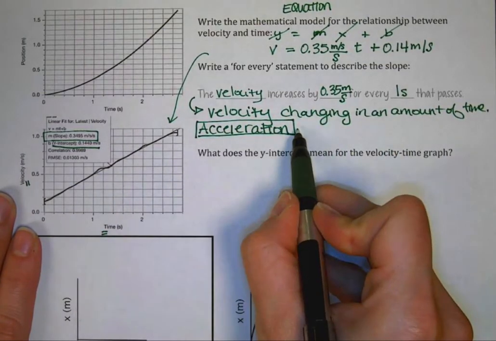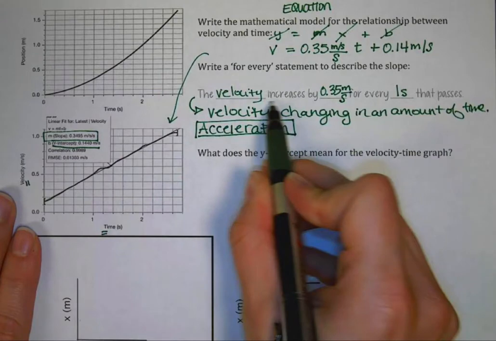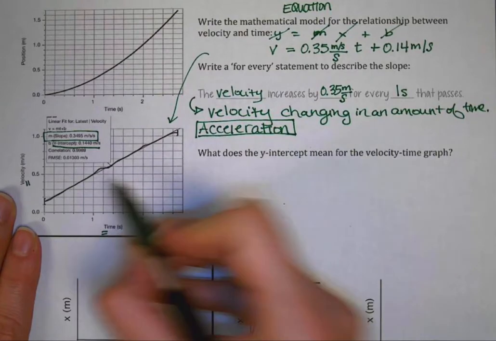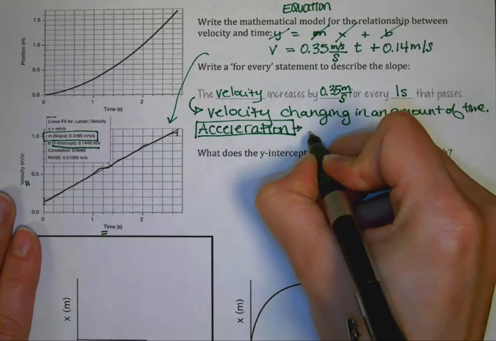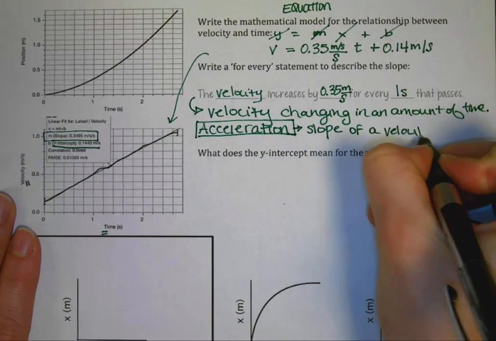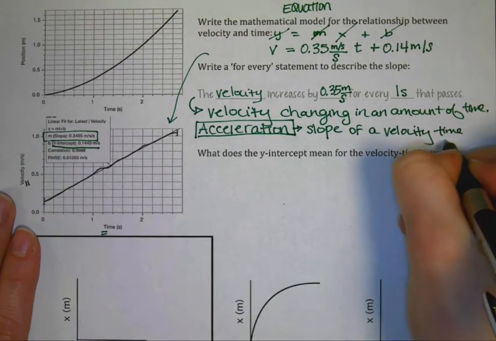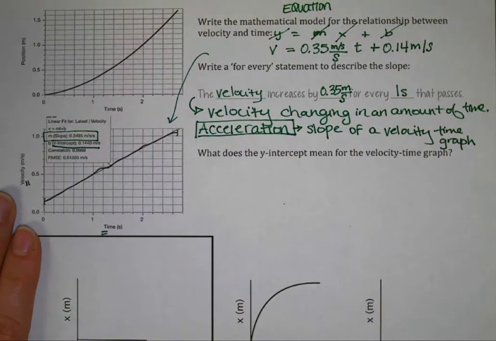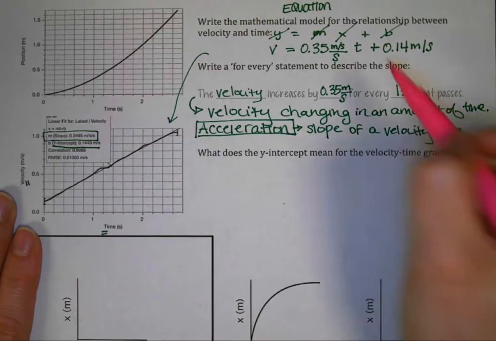So if we even want to go full circle, back to where we got this statement from, this statement was describing the slope on a velocity time graph. So an operational definition of acceleration is the slope of a velocity time graph. So that's our new term, acceleration, changing velocity over a certain amount of time. And again, we can find it as the slope on a velocity time graph. That takes care of, for us, the 0.35 meters per second for every second, as we saw up here.